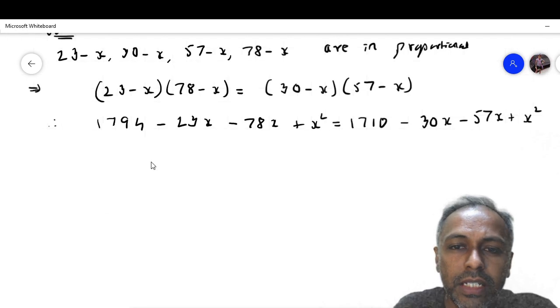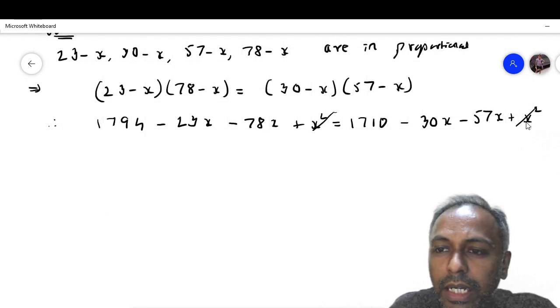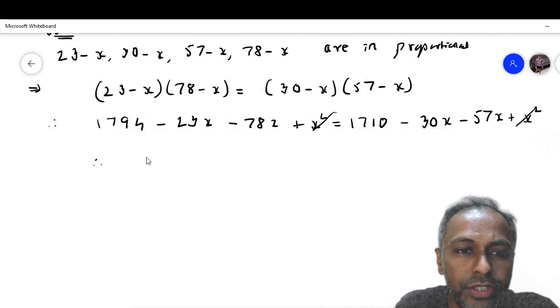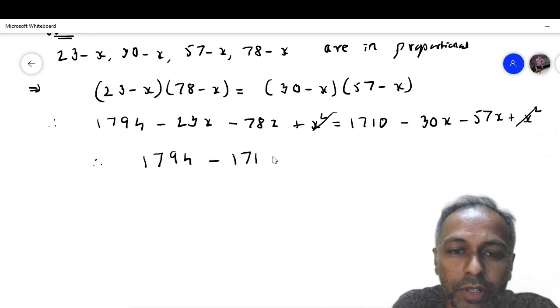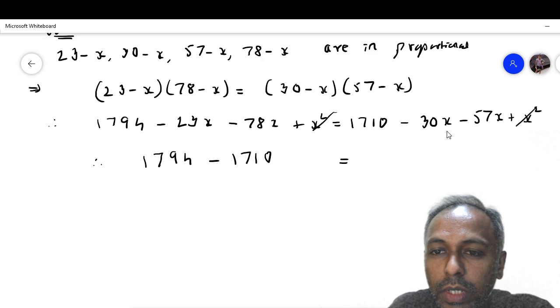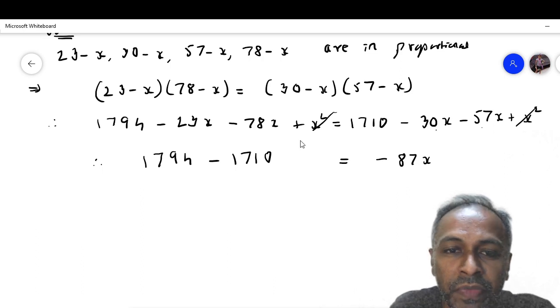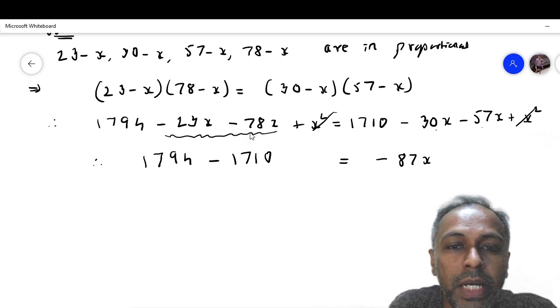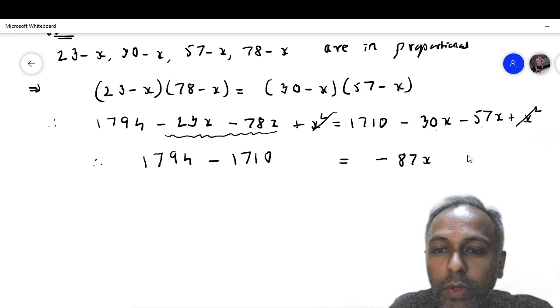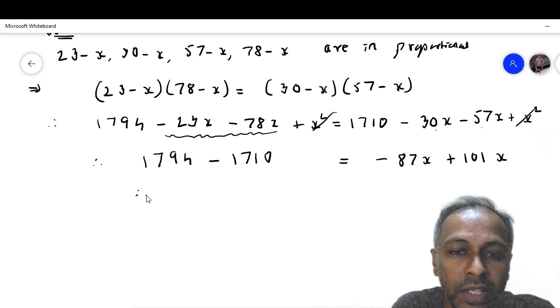Clearly x square is cancelable, and let us finish this. So this is 1794 minus 1710 is equal to minus 30x minus 57x will be minus 87x, and these terms will become minus 101x, which will come on the other side and become positive 101x.